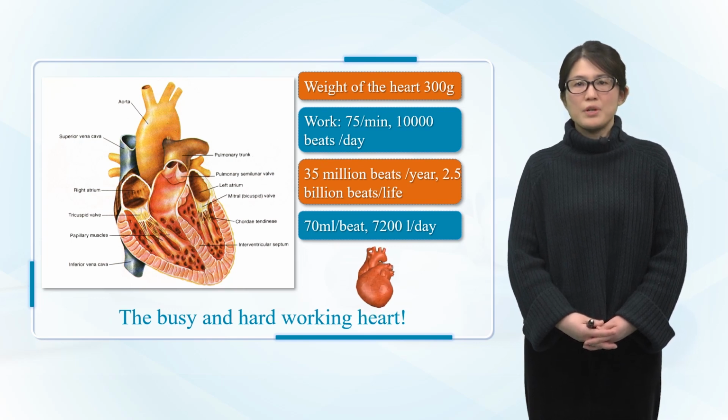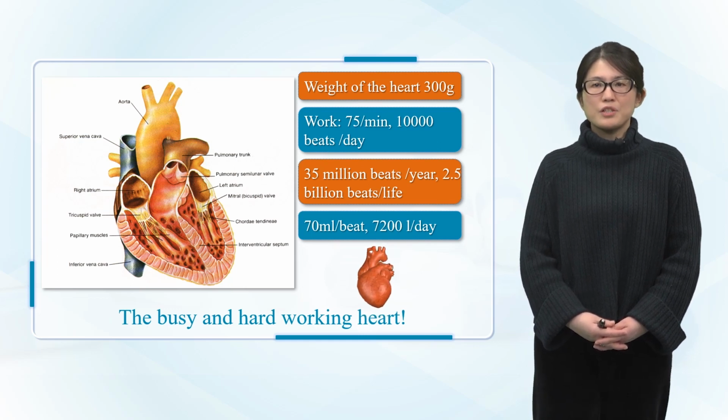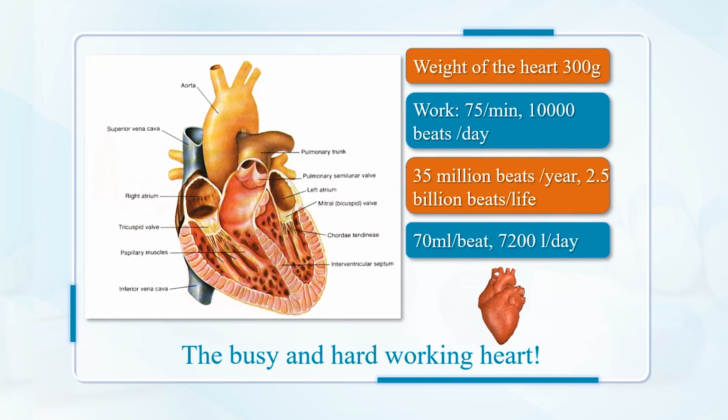The atrium receives the veins, and the ventricle sends out the arteries. There are valves at the mouth of the ventricle and the mouth of the artery. Each valve is like a valve of a pump, which can be opened downstream and closed upstream to ensure blood flow in a single direction.